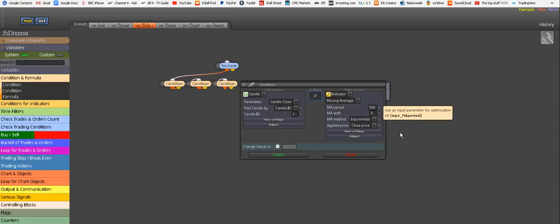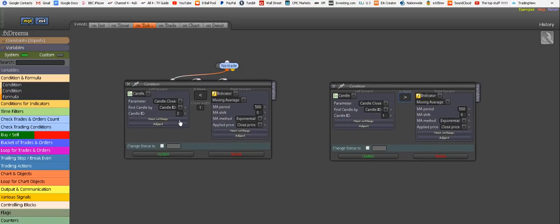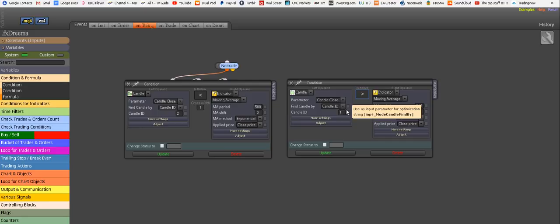Just to tell you this story in human language, so far we've done this. We made sure that the 200 exponential moving average is above 500, and candle ID number 2, which is the third candle backwards from the current one, closed below the exponential moving average 500, and the last condition, the candle number 1 ID, closed above 500.